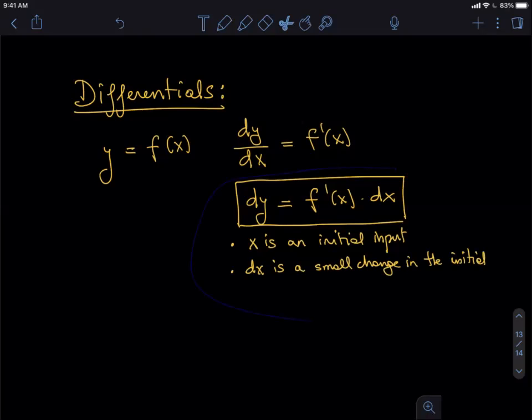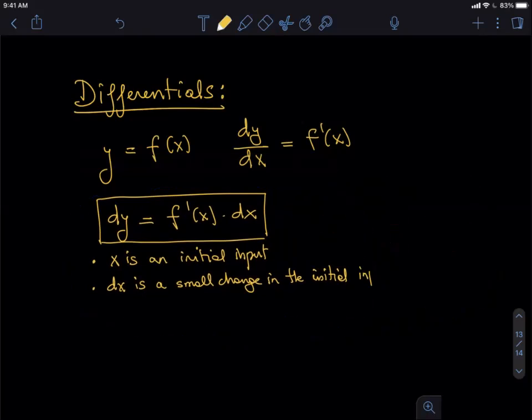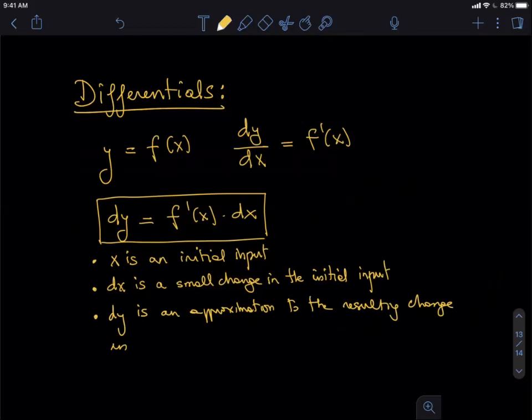Let me move all this over here. There we go. Okay. And then dy. What is dy? dy is an approximation to the resulting change in the output.